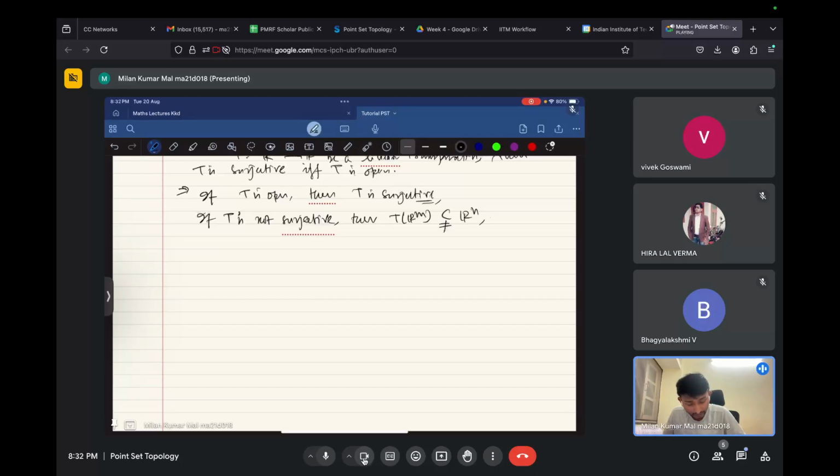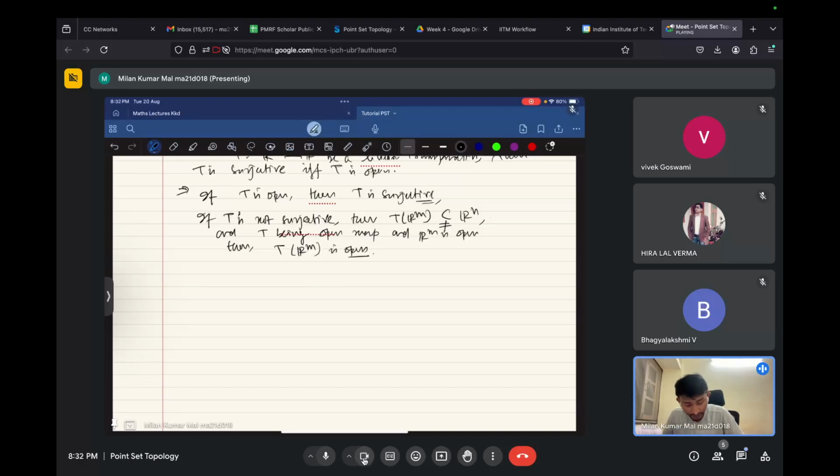But T being an open map, and R to the power n being open, then T of R to the power n is open, right? This one is an open set.